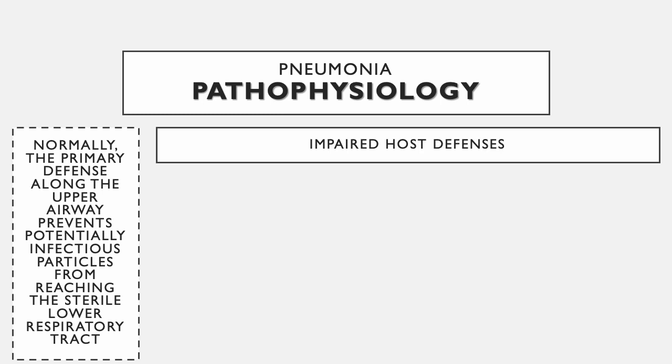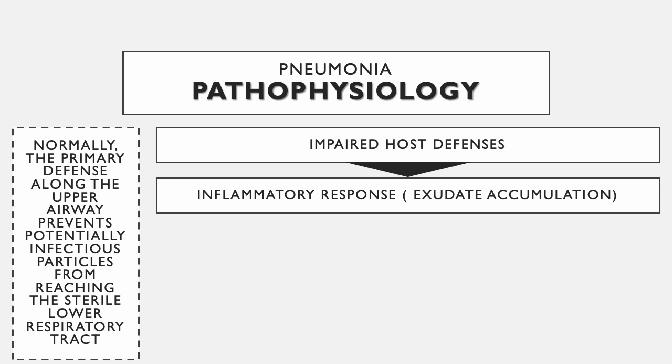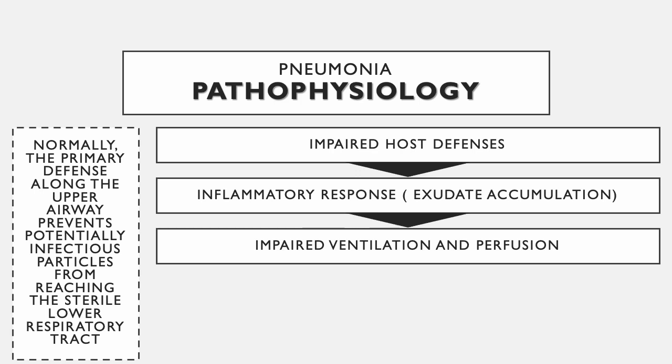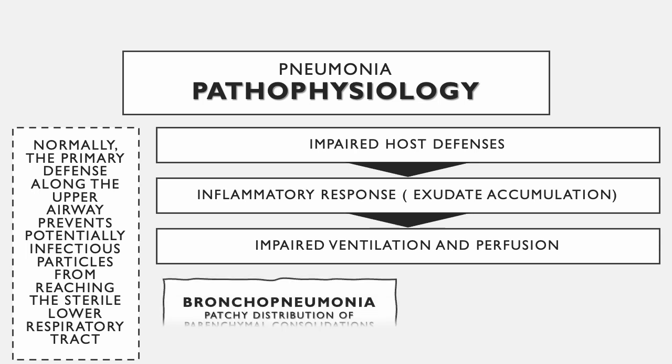Pero when there is impairment of host defenses, then it's easier. Now, there will be the release of exudates as form of inflammation. Then, because of these exudates, it affects ventilation and perfusion. So, hindi masyado magkaroon ng exchange of gases. Kasi nga, ang daming mga exudates na nanggugulo.